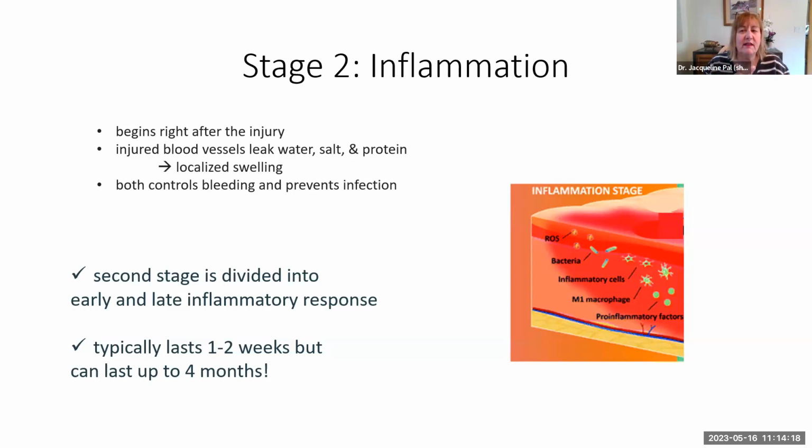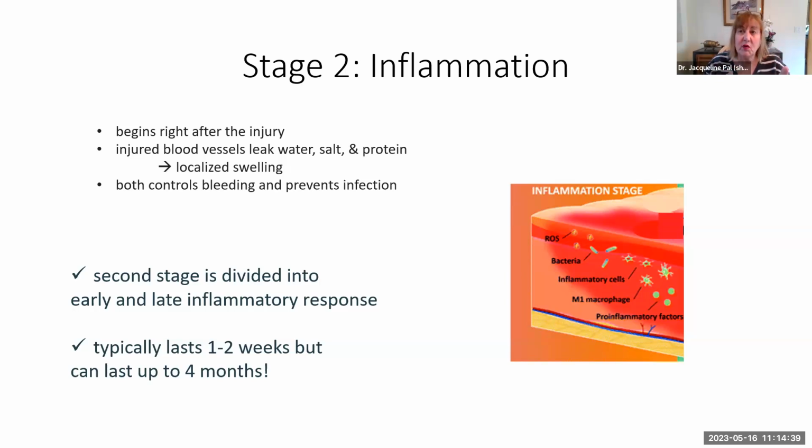When we're looking at the inflammatory stage of wound healing, we're going to divide it into an early response and a late response. When we learned about inflammation earlier, we learned that the inflammatory process in a normal, competent adult will take about 7 to 10 days.